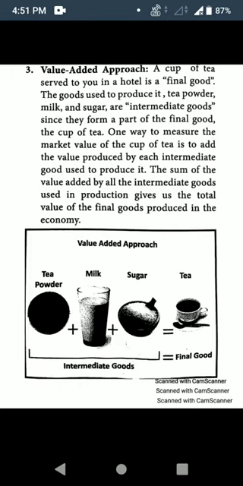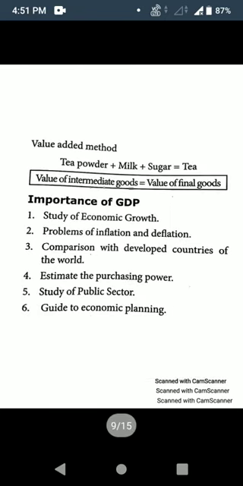Are you clear? Okay, next one, importance of GDP. Why is GDP very important? There are 6 important points. First point is study of economic growth. In order to study the growth of the economy, GDP is very, very important.